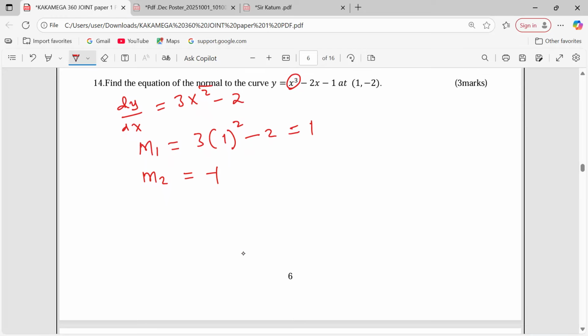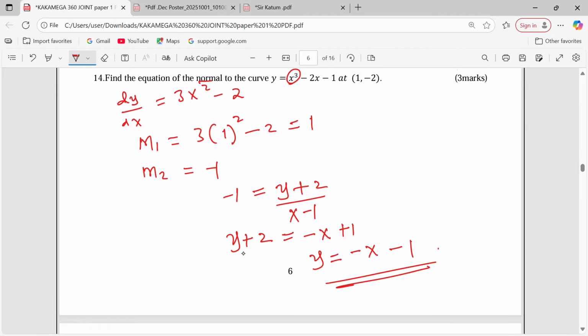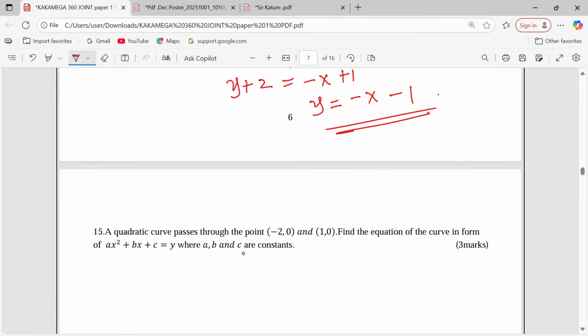So now the equation of the normal, with -1 as the gradient, should be expressed as y minus -2 equals -1 times x minus 1, so y plus 2 equals -x plus 1. How do you remain with y? y equals -x minus 1, like that. So this is now the equation of the normal to the curve at that particular point.